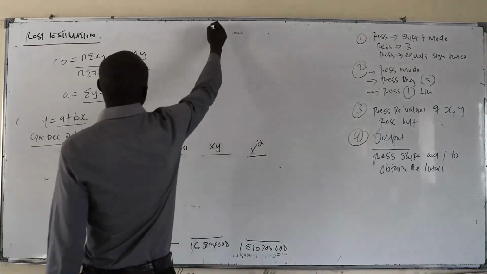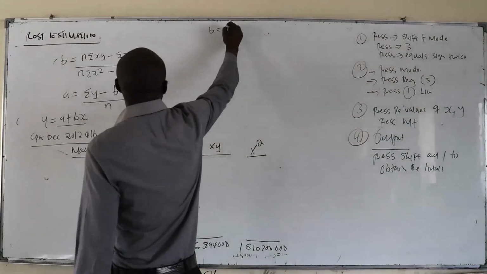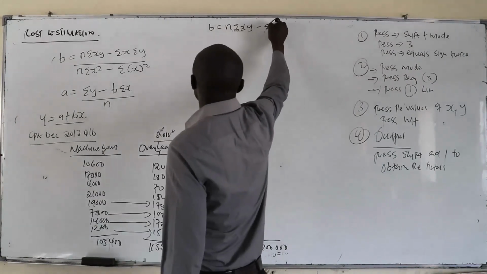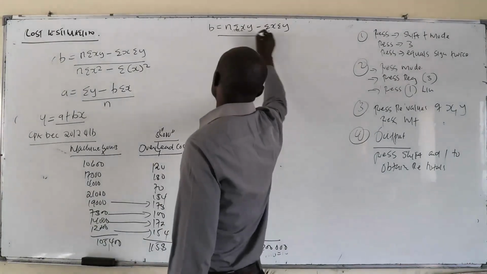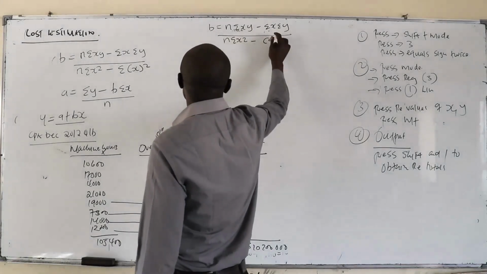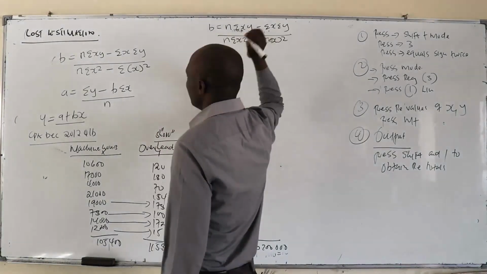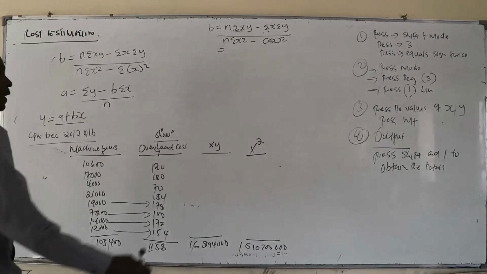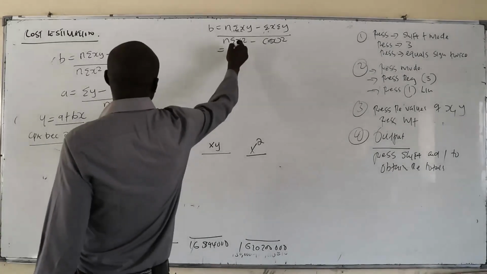You come here and write B equals N summation XY minus summation X summation Y, over N summation X squared minus (summation X) squared. That is B. Now you feed in the values. Already you have the totals here. N is 8, those are 8 units.